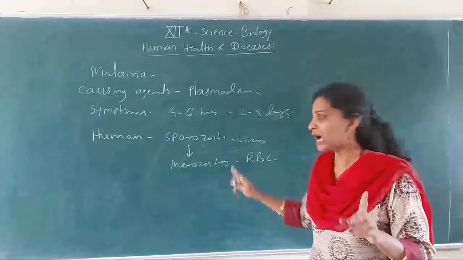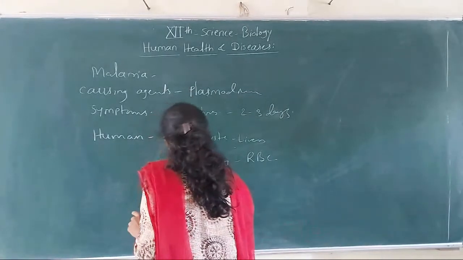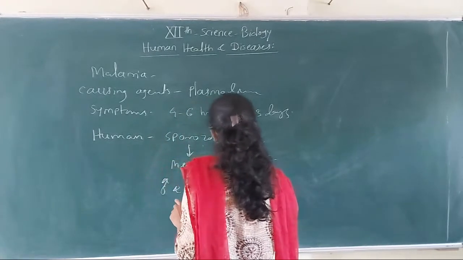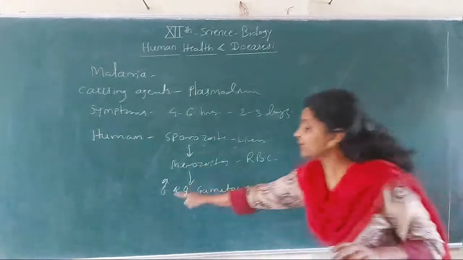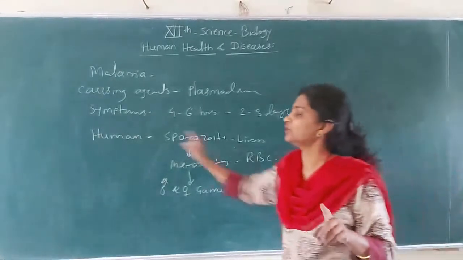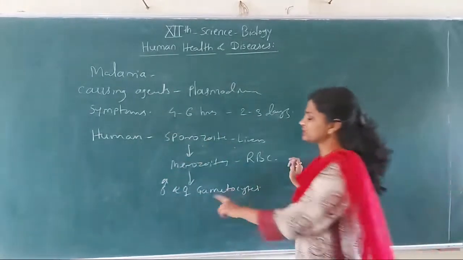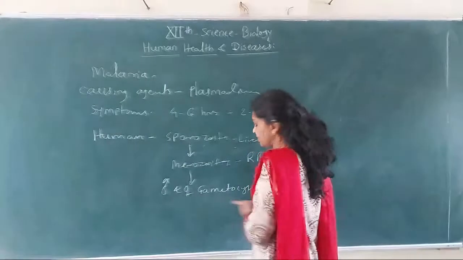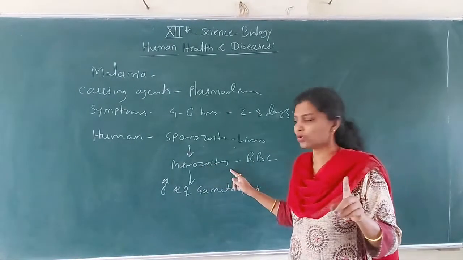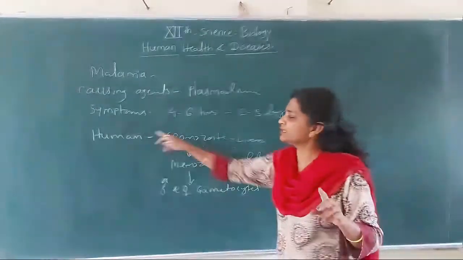RBCs मध्ये. आणि ह्या merozoites पासून male and female gametocytes will develop. Male and female gametocytes will remain in the blood of the human. ज्यांना मलेरिया झाला असेल त्यांच्या ब्लड स्ट्रीम मध्ये आपल्याला काय सापडणार आहे? Male and female gametocytes which are developed from the merozoites. So here the life cycle of Plasmodium in human is completed.